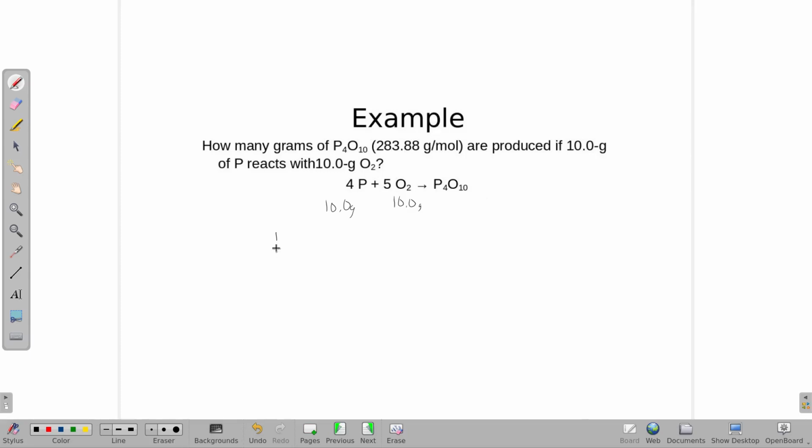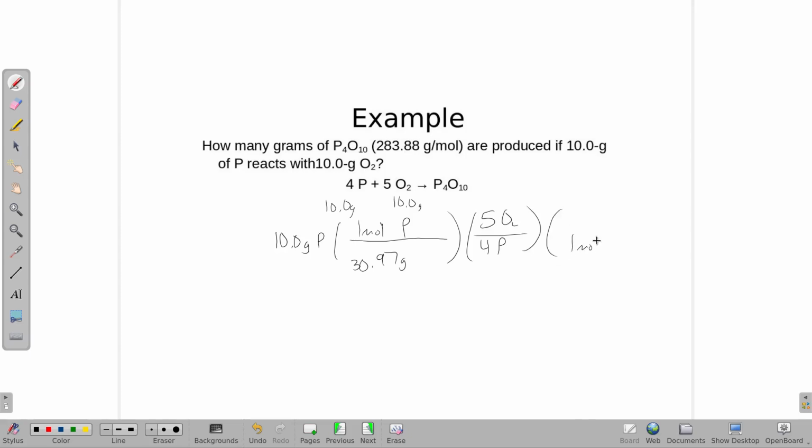Since the phosphorus was listed first, I'm going to use it first. One mole of phosphorus, according to my periodic table, is 30.97 grams, and my balanced equation says there are 4 phosphorus for every 5 O2.